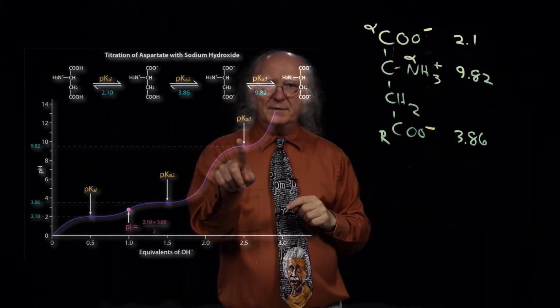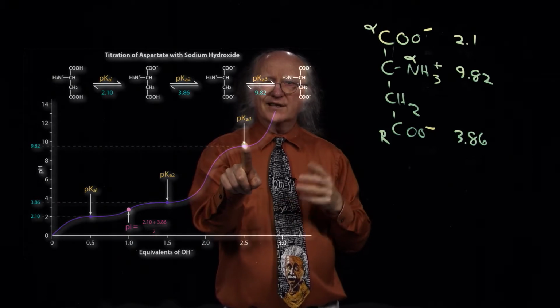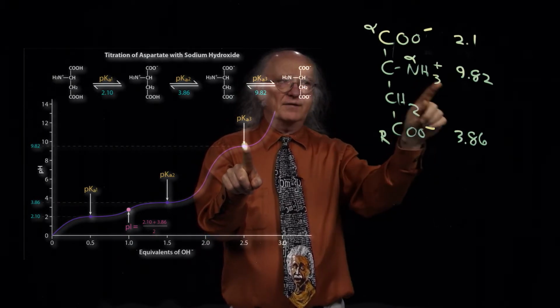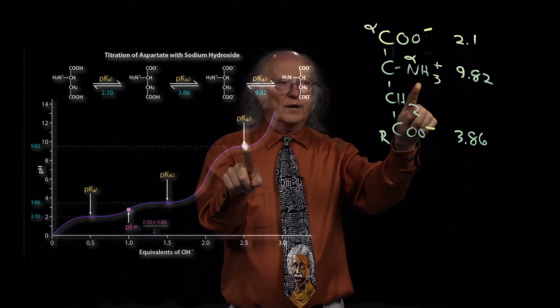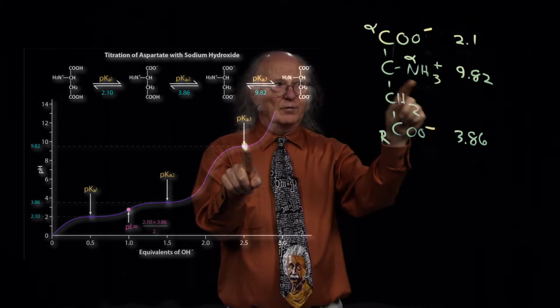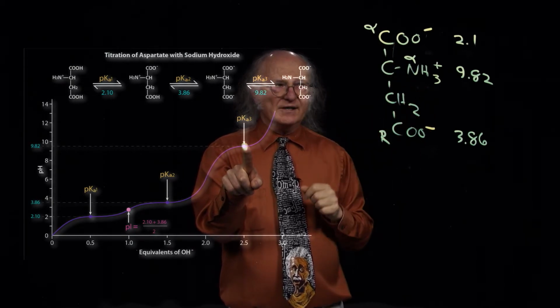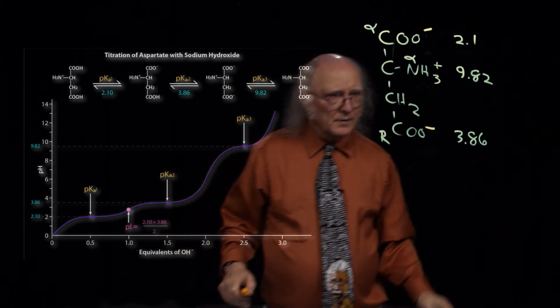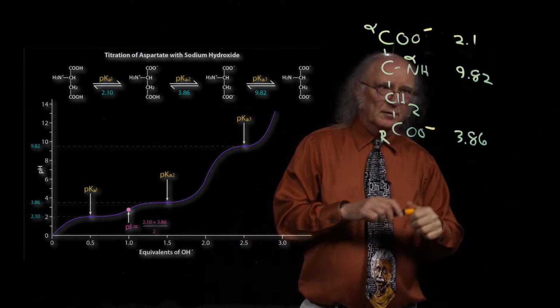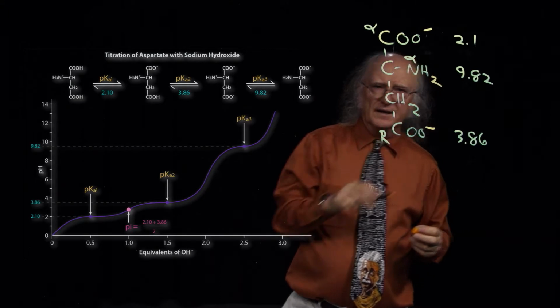When we get up to the next pKa range, the next proton starts to come off, and the only proton now that can come off is this guy right here. We're going to see half of the molecules look exactly like this with the proton on, and half of the molecules that have lost that proton. So we will have something like this.